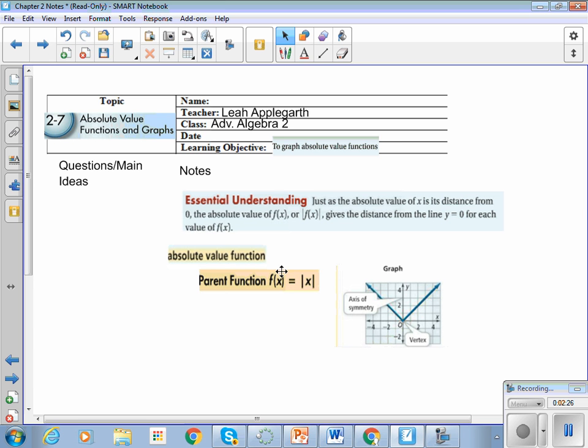But because we have the absolute value applied, everything that was negative previously is now positive. So it just put a nice little corner on your line. Normally a y equals x line continues down, but that absolute value pops it back up.